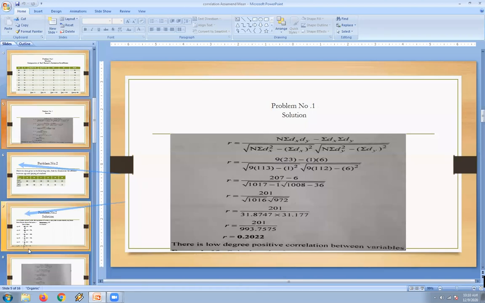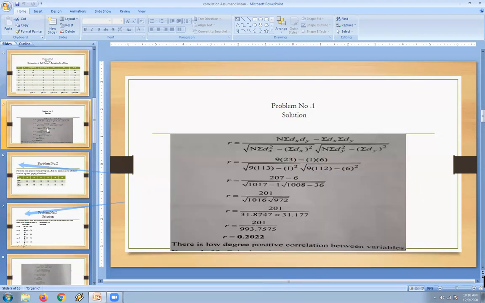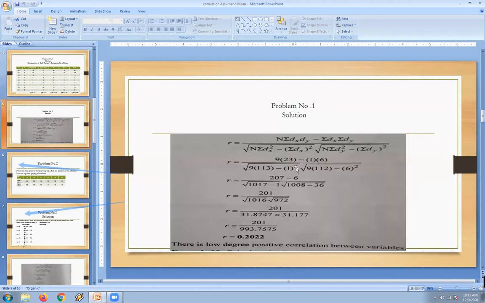Then divided by root of n, which is 9, sigma dx square, which we calculated as 113, and sigma dy square as 112. Substitute in the formula: 113, minus sigma dx, only the total of deviation of x values, that is 1, whole square.